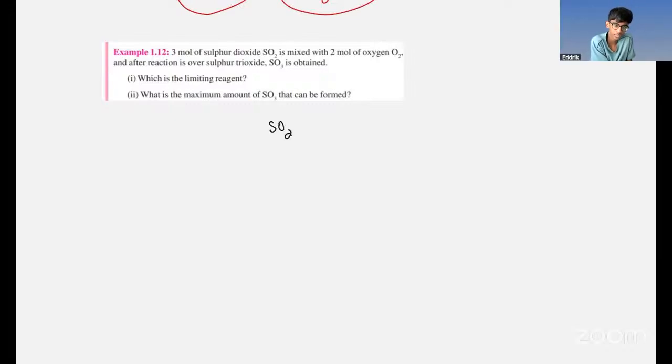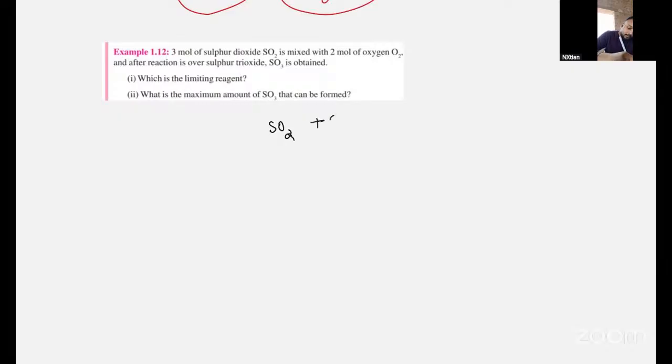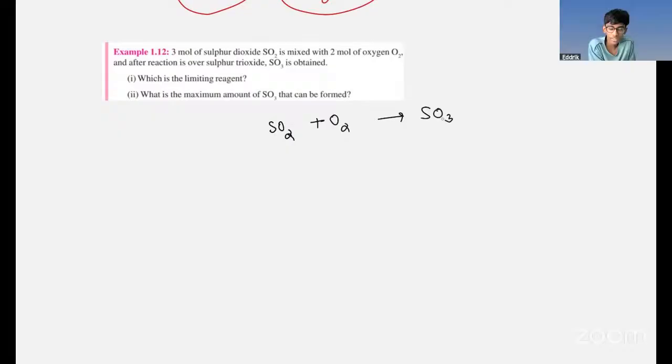If I write the reaction, sulfur dioxide is mixed with oxygen to form sulfur trioxide. Okay. Now we need a balanced chemical reaction. So where will you put the coefficients?